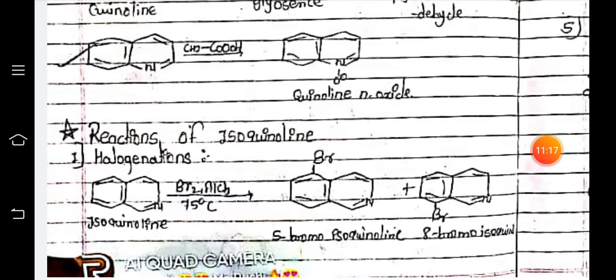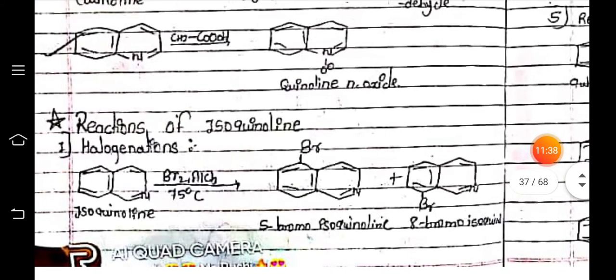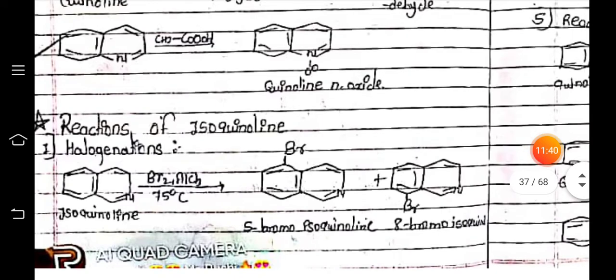It is a free lone pair, so it attaches to the extra peroxide oxygen atom and gives quinoline N-oxide as the product. So we get quinoline N-oxide after the reaction with the oxidizing agent, the peracid. This is all about the oxidizing agents.